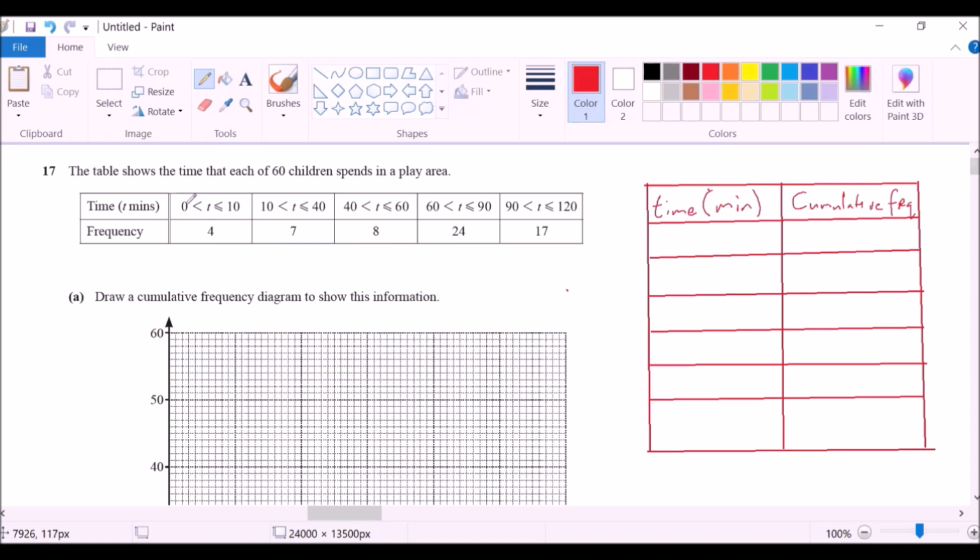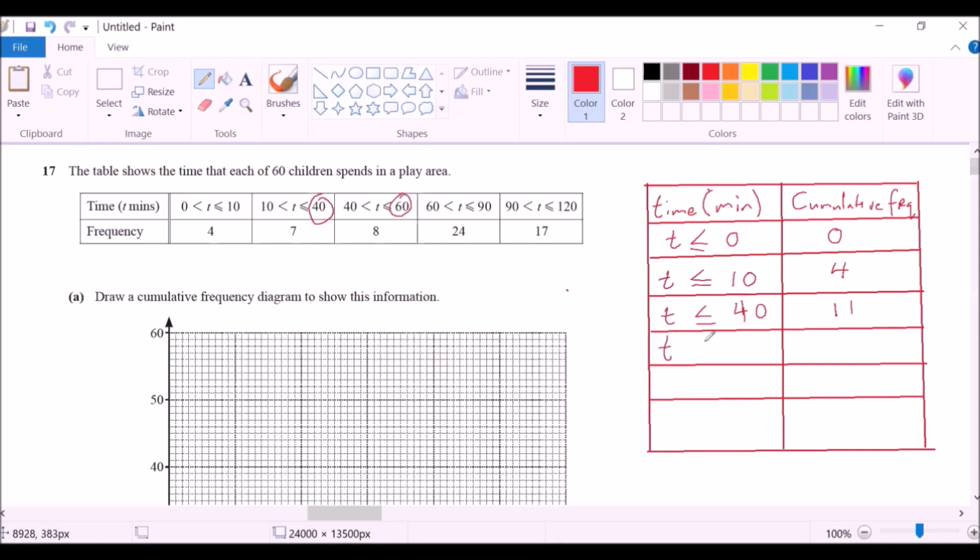So for our time, we have time less than or equal to 0, because these four are between 0 and 10, but not including 0. So equal to or less than 0, we have nothing. So we have 0. Then time less than or equal to 10, we have 4. Time less or equal to 40, we have 7 plus 4, which is 11.